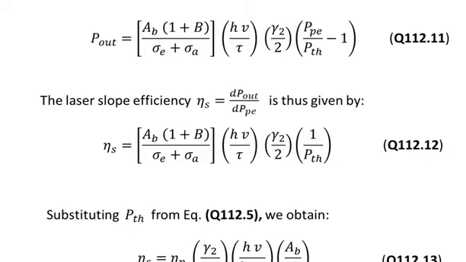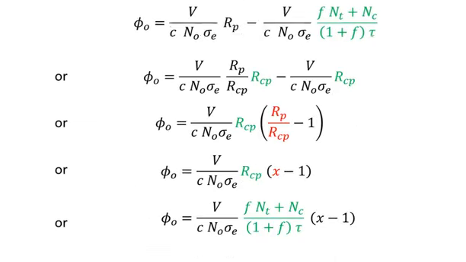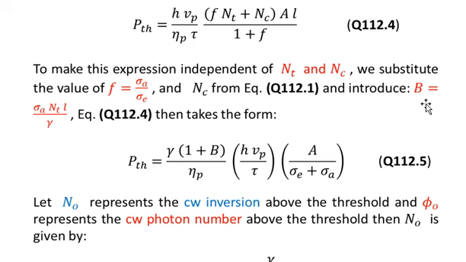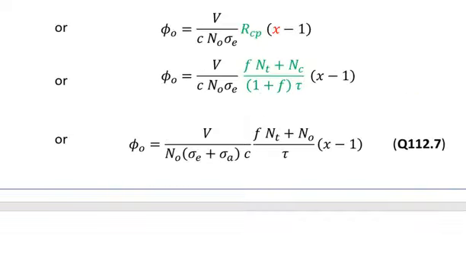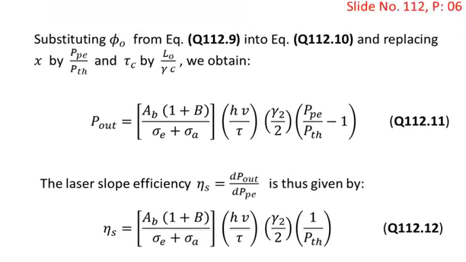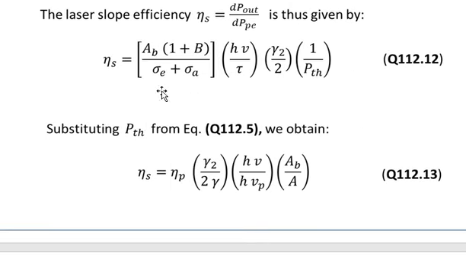You see that in equation number 5 we have the value of P threshold, the threshold pump power. We can use this equation over here, that is P threshold can be used over here, and we can write eta S in the following form.